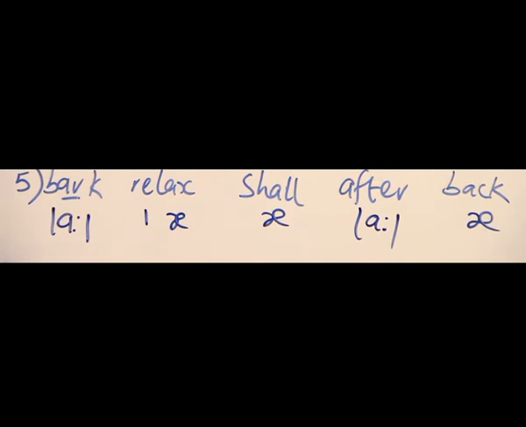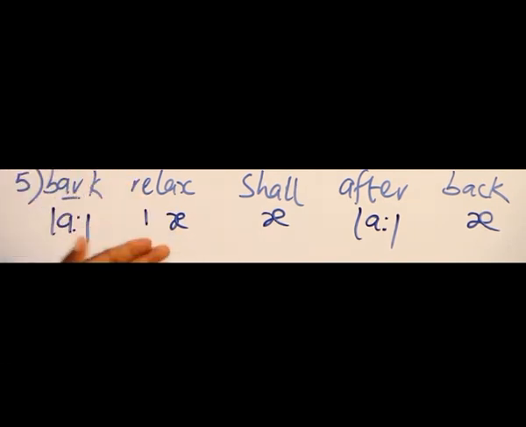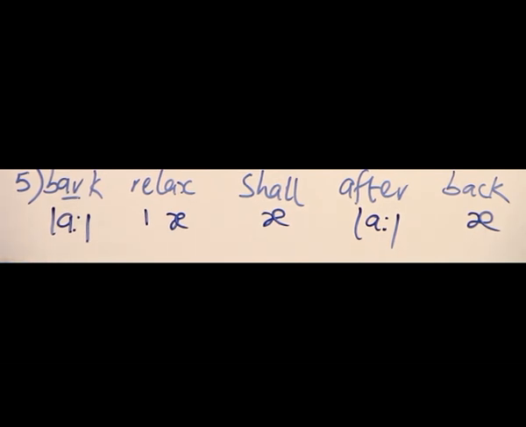Such as the word class, it's long R, but in the word mask, it will be short. So these are the things you need to know. The exceptions, you note them so that you can be well guided.